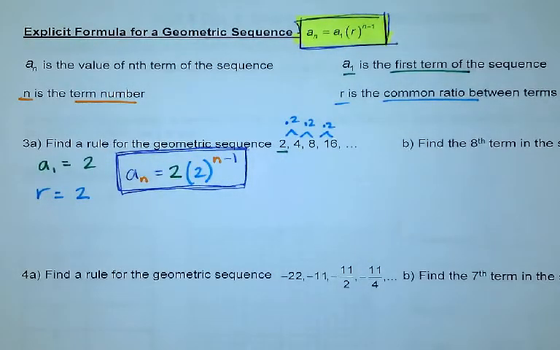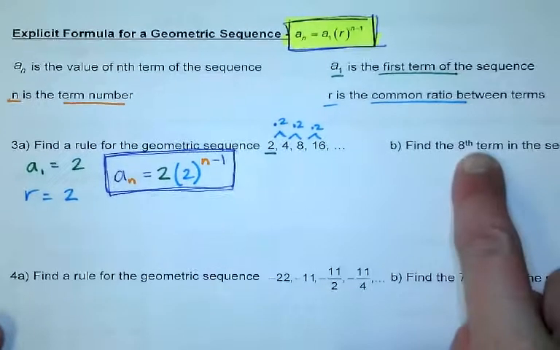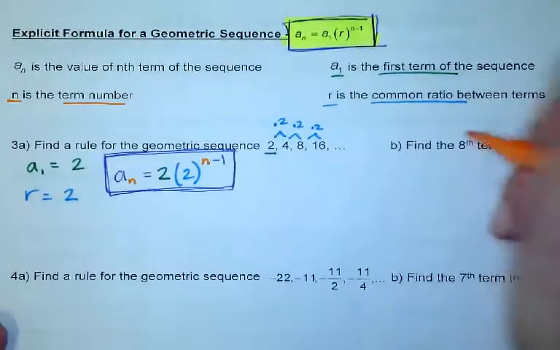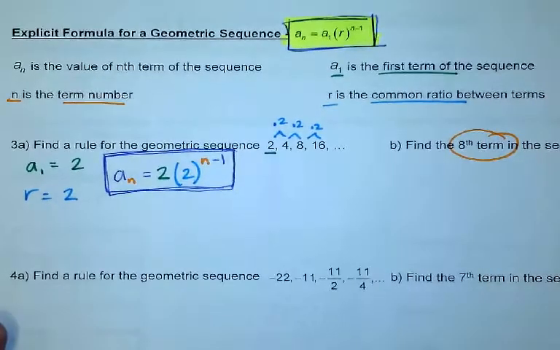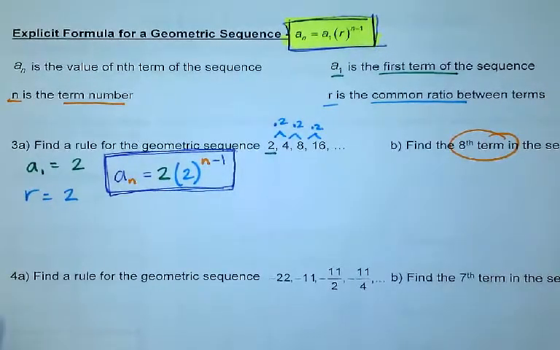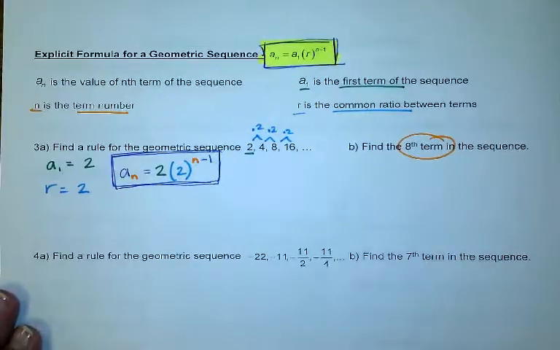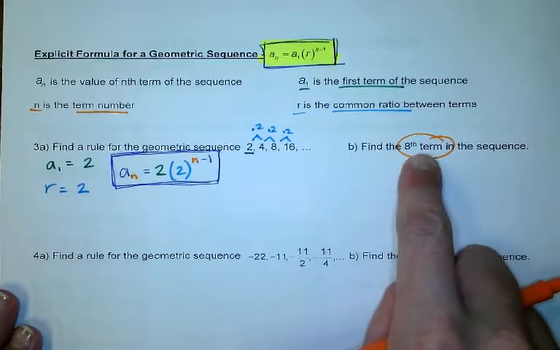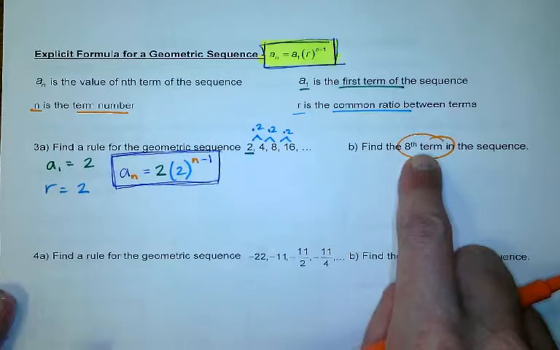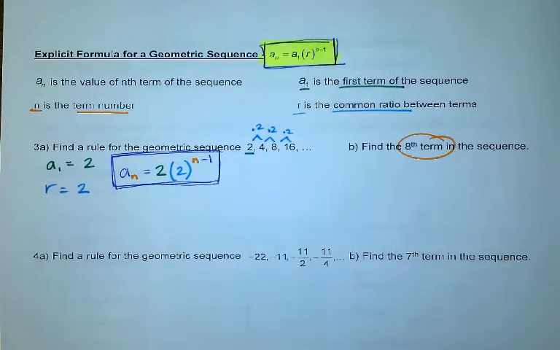Alright, guys? So then, when it says find the 8th term, what are we going to do? Find the 8th term in the sequence. What value does that represent? Is it an A? Is it an R? Is it an N? What is it equal to? It's equal to our N. Our N becomes 8.